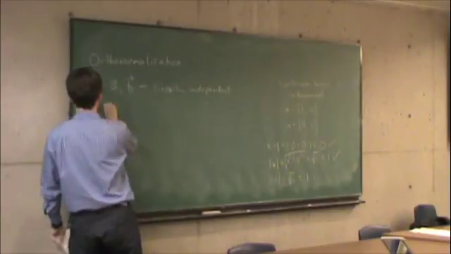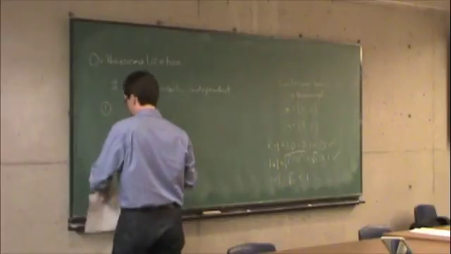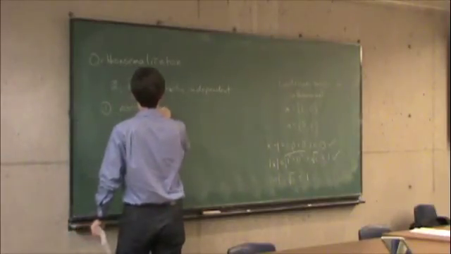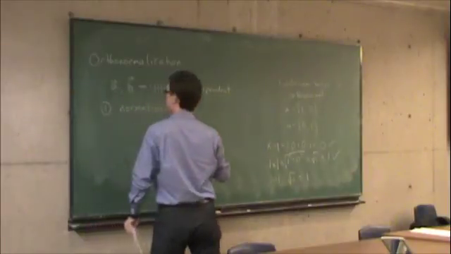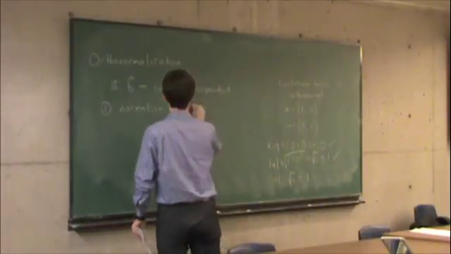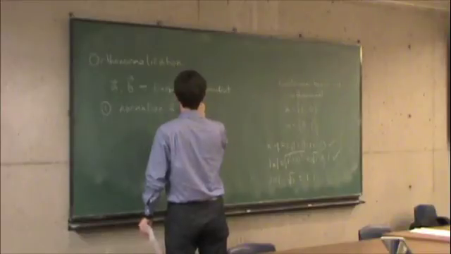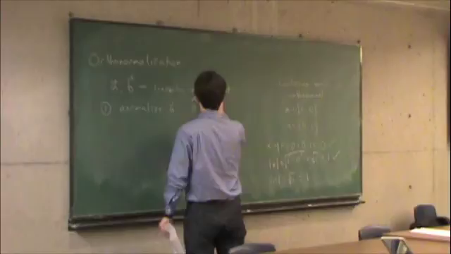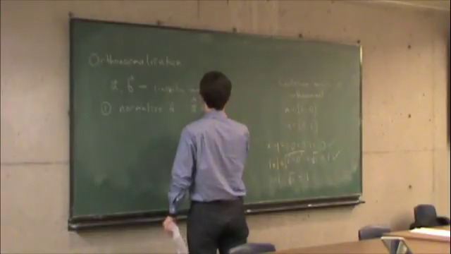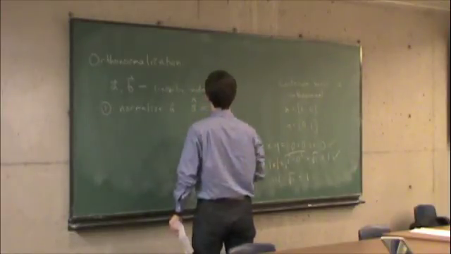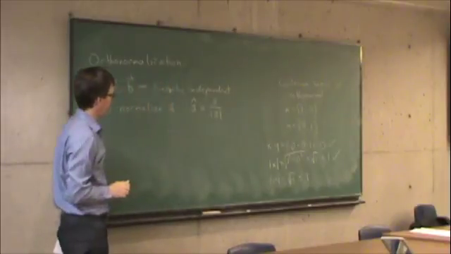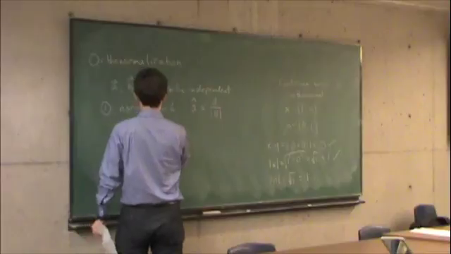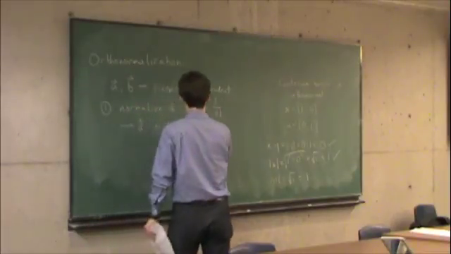We have a 3-step procedure. Firstly, we normalize A to get A hat, which is A divided by the norm of A, and A hat is the first basis vector.